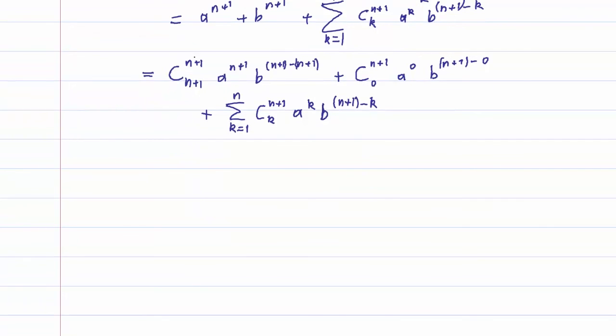We just have to include now these terms into the big sum, which makes the sum, and now we can write k equals 0 to n plus 1, C(k, n plus 1) times a^k b^(n plus 1 minus k), which is what we wanted to prove.